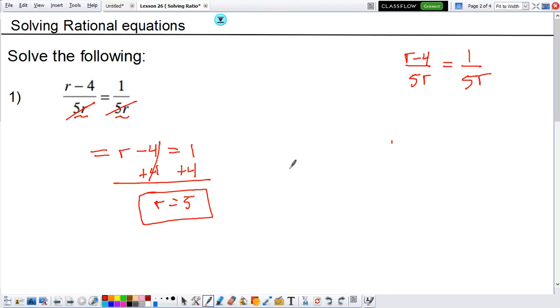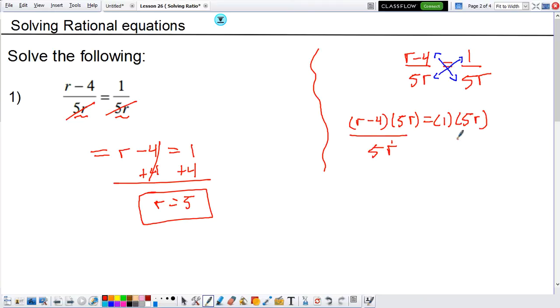They cancel out because when you cross multiply, imagine here, you will cross multiply this too. So now you will have r minus 4 times 5r equals 1 times 5r. Then you can divide both sides by 5r.